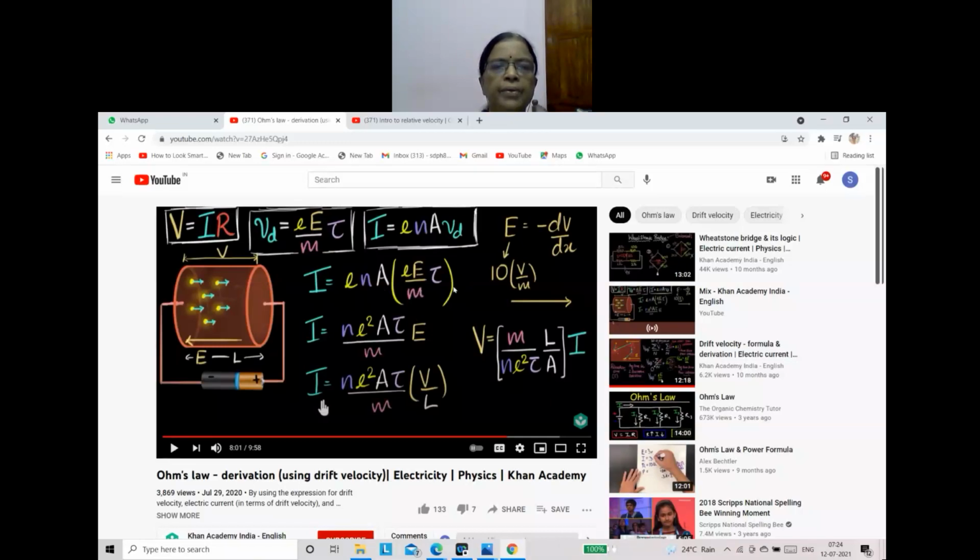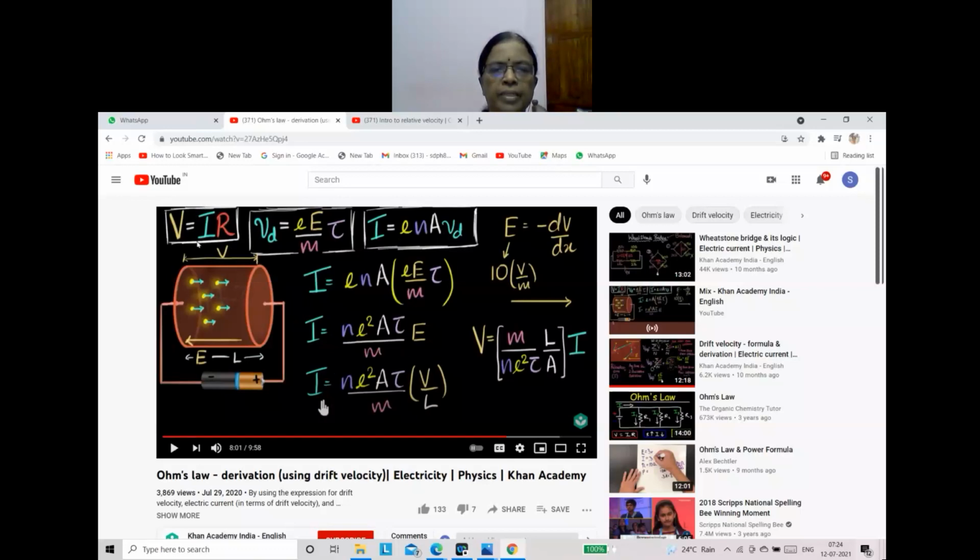Then I equal to n e square A tau capital E by m. We got E equal to V by L. Then I and V are both here. Then you take V from it. V equal to IR. That is what we have to prove.